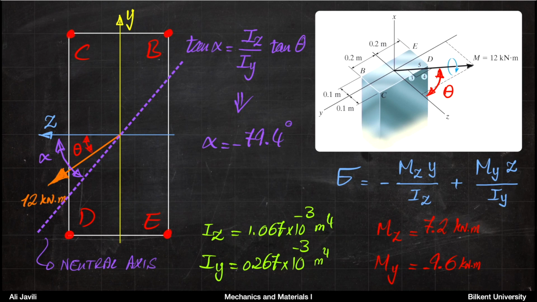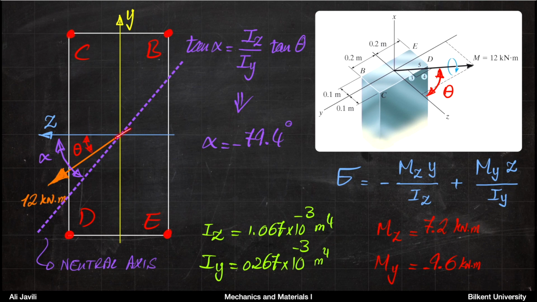And since we have Iz and Iy, you just insert there, and you would get alpha equals minus 79.4 degrees. Which makes sense according to what we said.